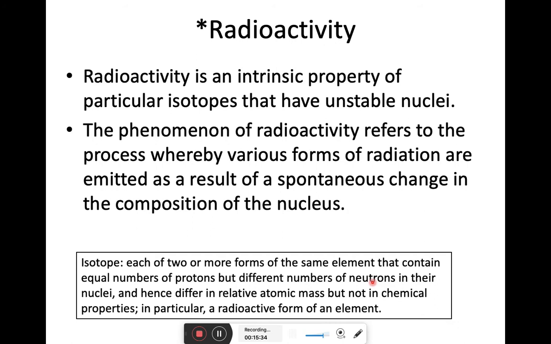For example, carbon has a number of protons of 4, but the neutrons are, say, 6, and then another carbon with the same proton number 4, but the neutrons are 8. So you can see that you have two different isotopes here, one with 6 neutrons and another with 8. That's just a dummy example for you to get a better understanding of this.